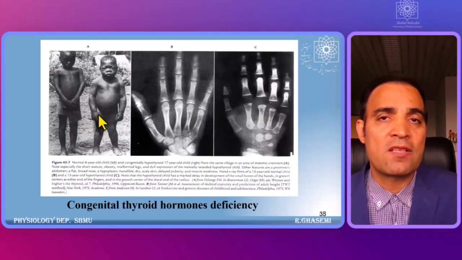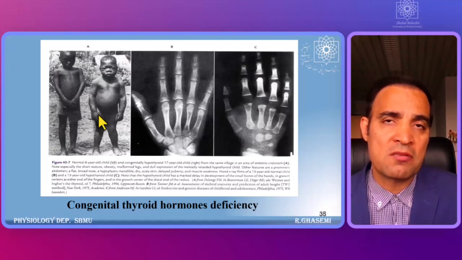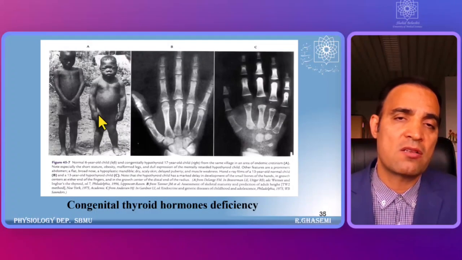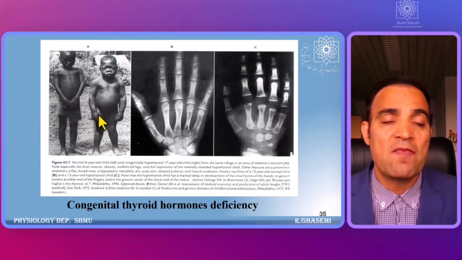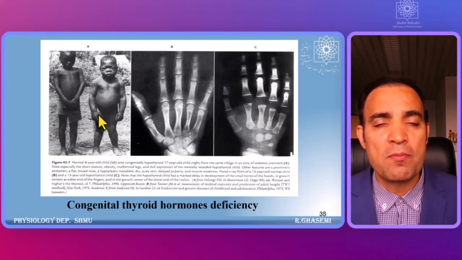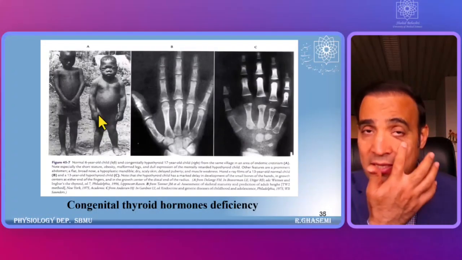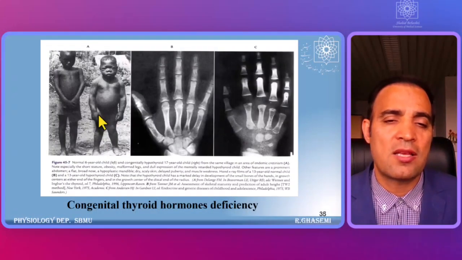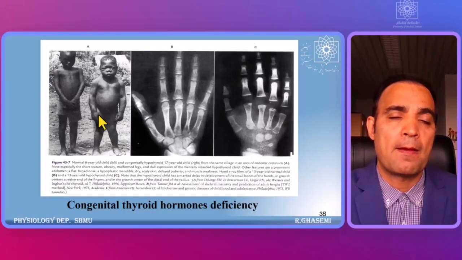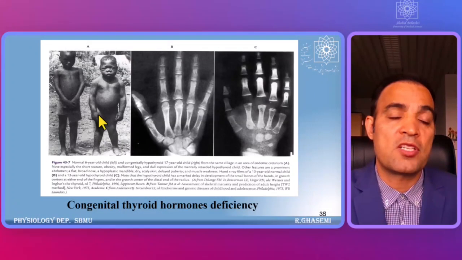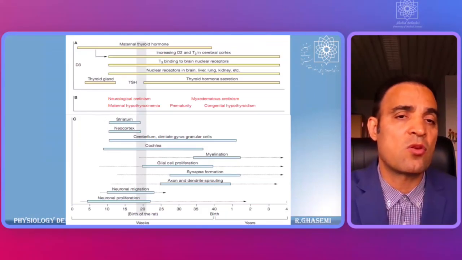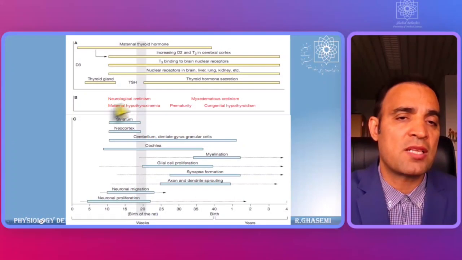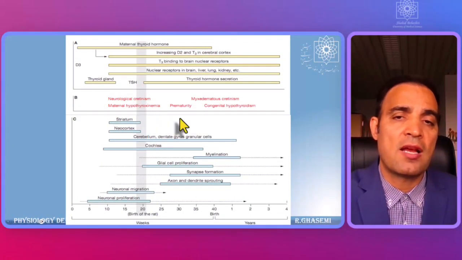This 17-year-old is equivalent to a 6-year-old. And when we look at the brain capacity, they are severely mentally retarded, and this is named cretinism. This is neurological cretinism that you can see here.